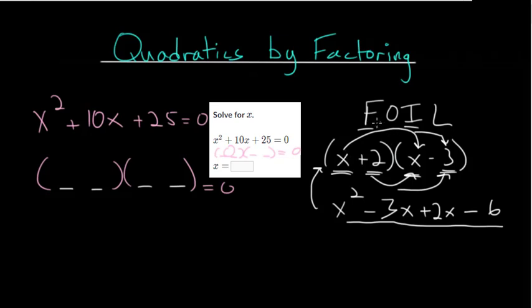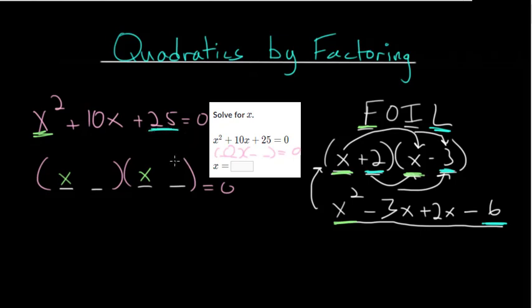And so notice that the first terms, the x and the x, made the x squared term. So we're going to have x and x for our first terms because they're going to multiply to become x squared. And then notice that the last terms, the plus 2 and the minus 3, give us the constant term, this minus 6 here. So that would be the positive 25 in our case.